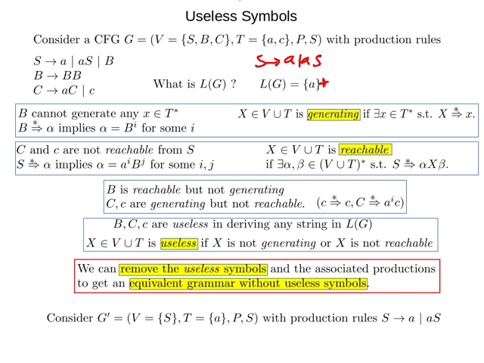That's because, see, when you are deriving anything in any grammar, you have a start symbol, say S, and from here you go through some intermediate steps, and then finally you arrive at something which consists entirely of terminals, right? It doesn't contain any non-terminal at the end.